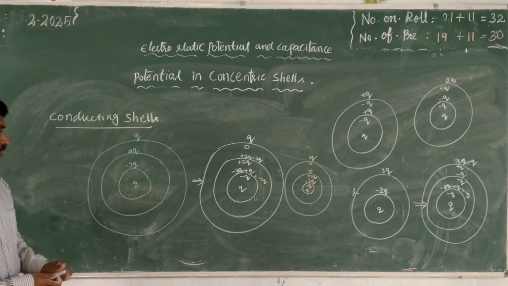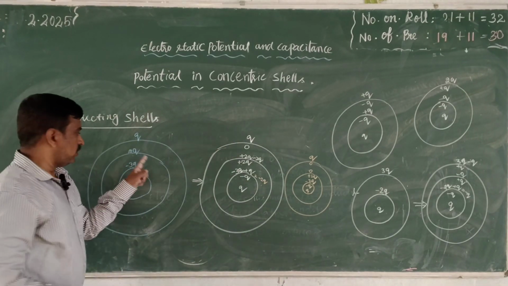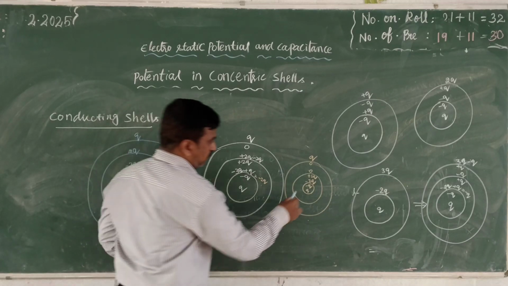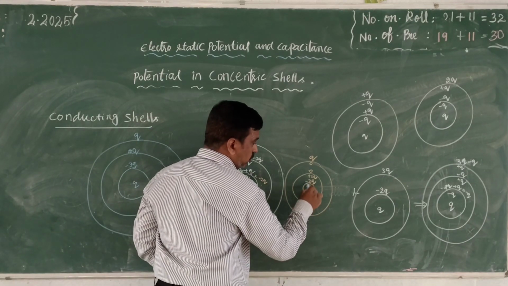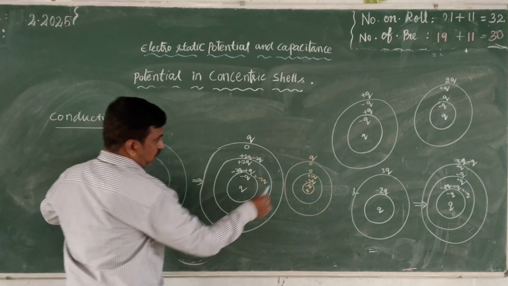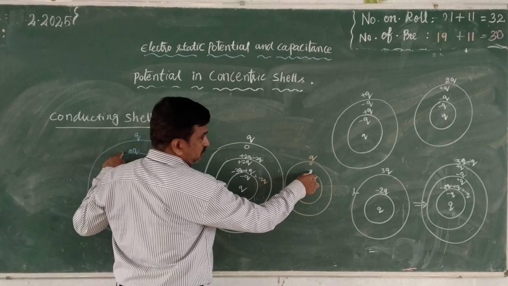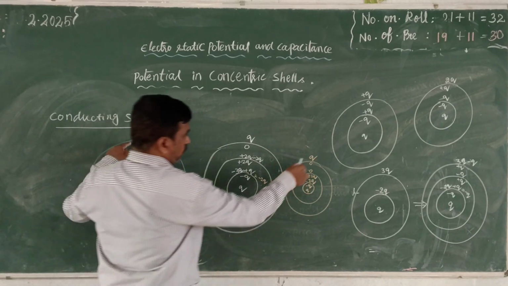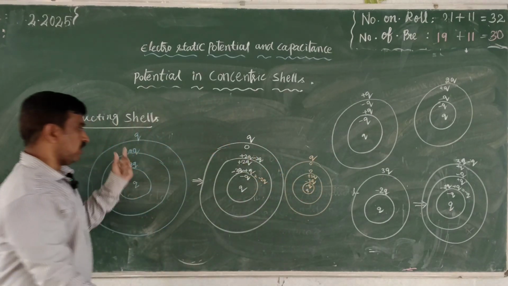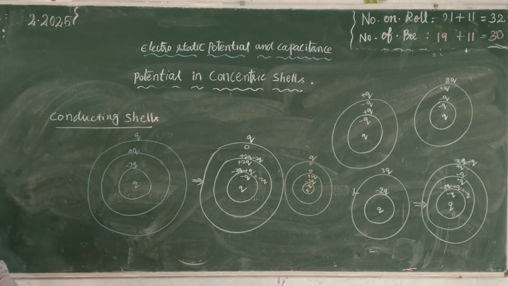So in this surface minus 3q is distributed: inner is minus q, outer is minus 2q. This 2q is distributed, inner is plus 2q, outer 0. So here q is distributed, 0 we can add, we get the same. Like this charge is distributed on inner surface and outer surface.